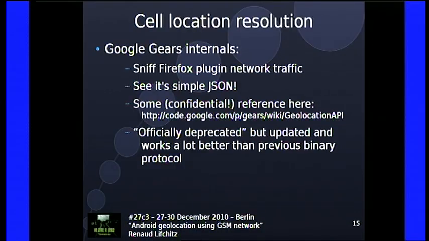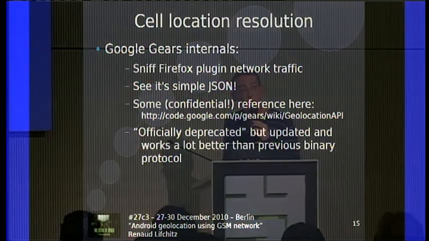Have a look now at sniffing the Google Gears Firefox plugin. Now it's a lot easier because it's simple JSON, right? So it's plain text. You don't have to reverse engineer many things. The only problem is that it only uses Wi-Fi and basically no GSM, right?